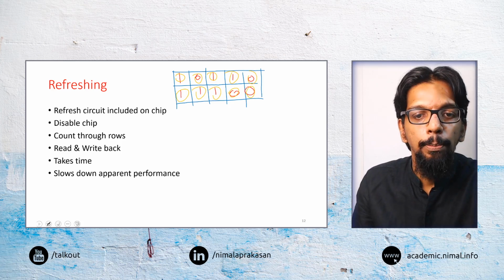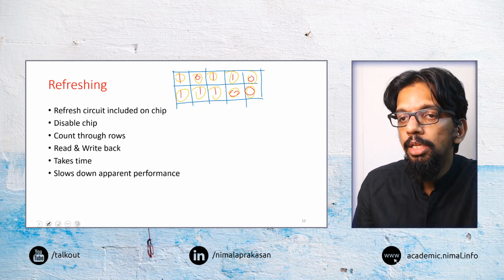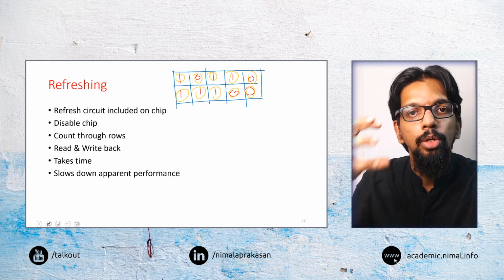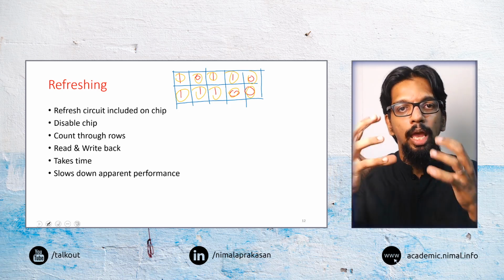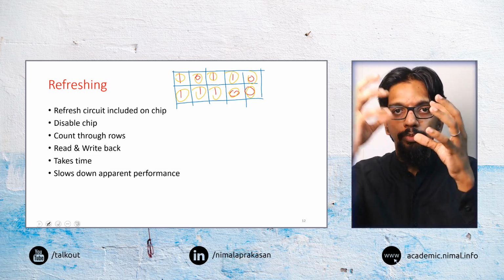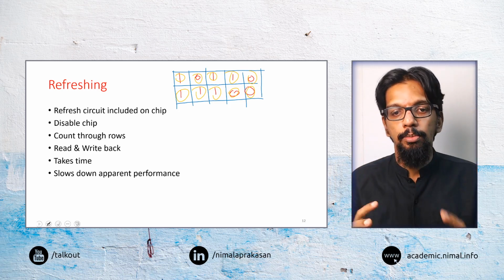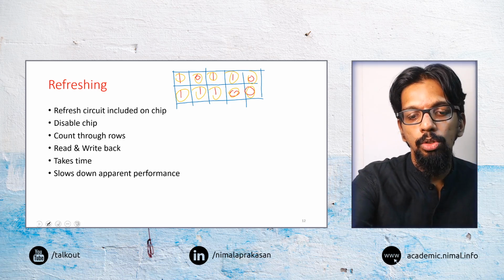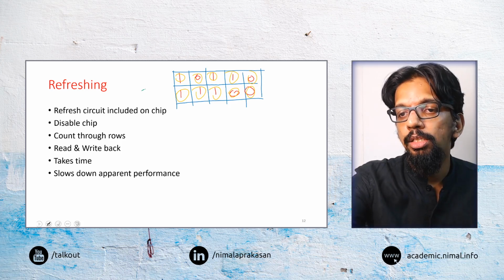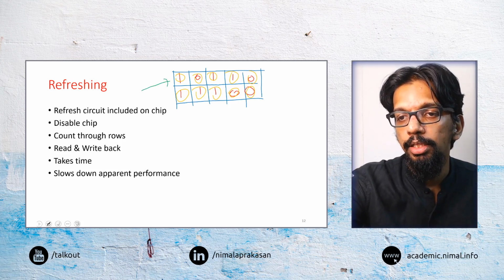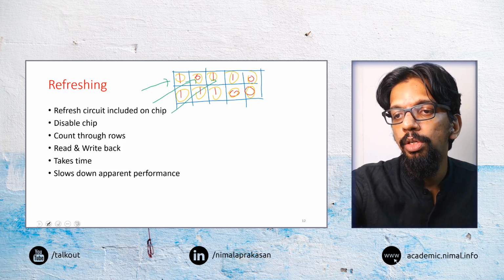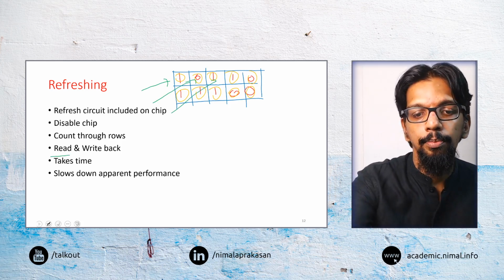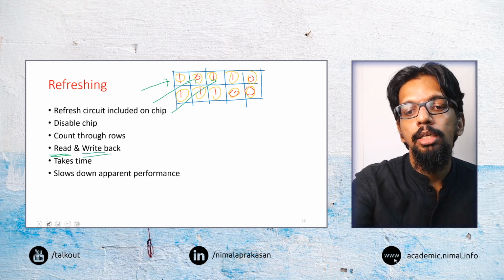Now the problem that we are going to have is these capacitors are going to lose their charge over time. So the capacitors that were charged will lose their capacitance over time. So what we will have to do is go to each of these locations one after the other, read them and write them back.